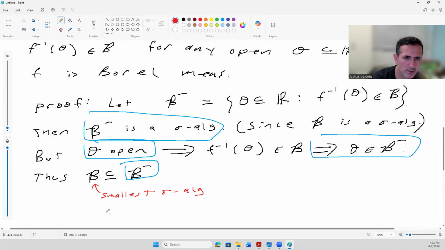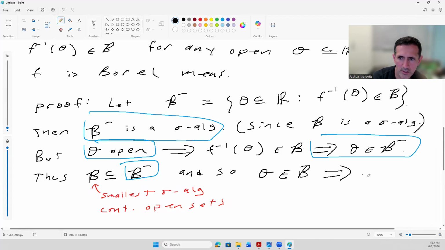And we're done, because theta in B implies theta is in B prime, which implies exactly what this is.